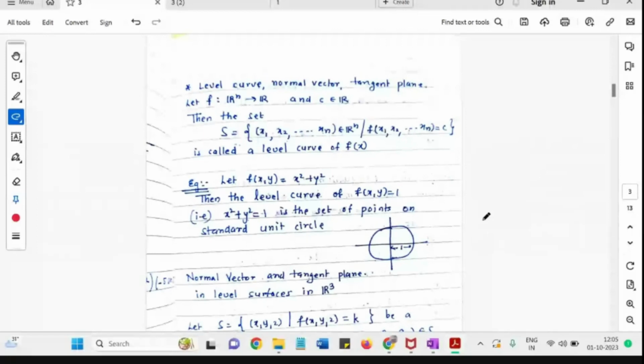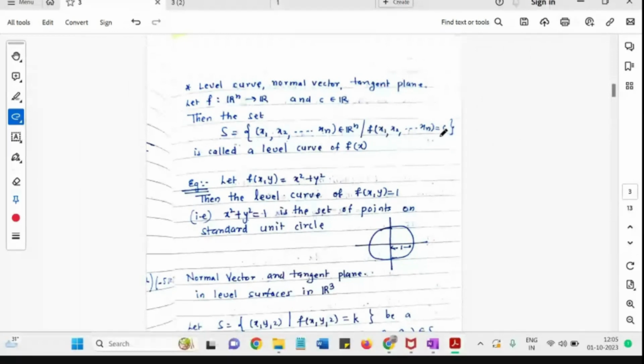Moving on to the last segment of my session, that is the level curve, normal vector, and the tangent plane. So what is a level curve? You take a scalar valued function and equate it to a constant. So the set S of all the vectors x1, x2, ..., xn belonging to Rn, which will satisfy the condition f of x1, x2, ..., xn equal to C, that is called a level curve.